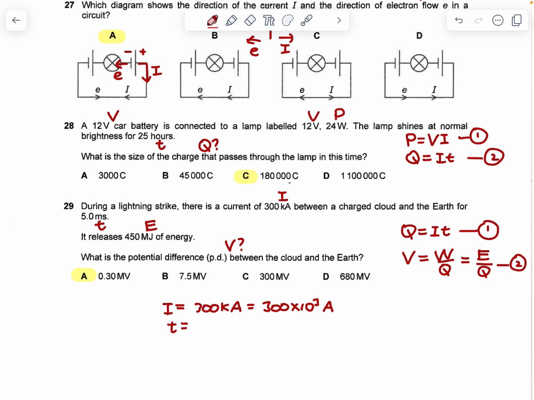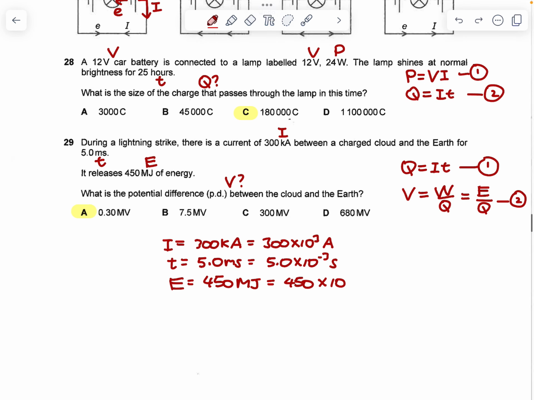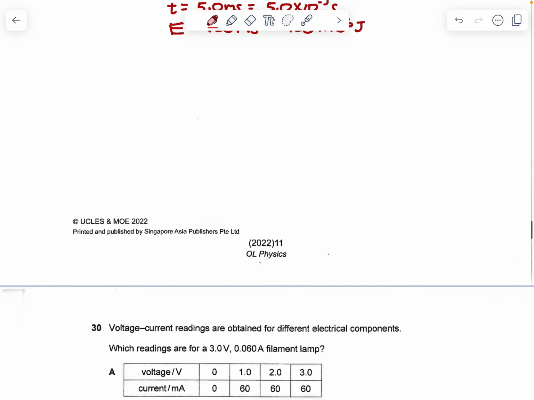T equals 5.0 milliseconds, which equals 5.0 times 10 to the power of minus 3 seconds. E equals 450 megajoules, which equals 450 times 10 to the power of 6 joules. So take note of the units.